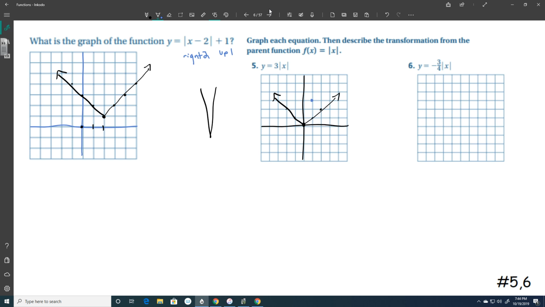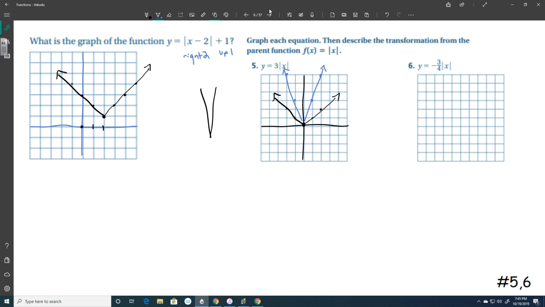So I go over 1, up 3. I'm going to go over 1, up 3 again. So my graph is going to look taller and skinnier like this. Okay, I can still plug in numbers and try and do it that way. But I don't have to, because I can just look at the math.